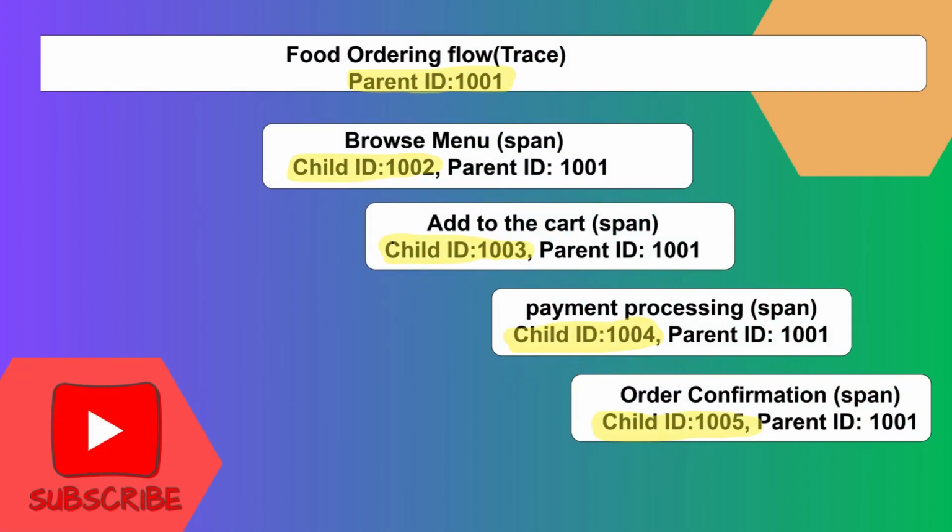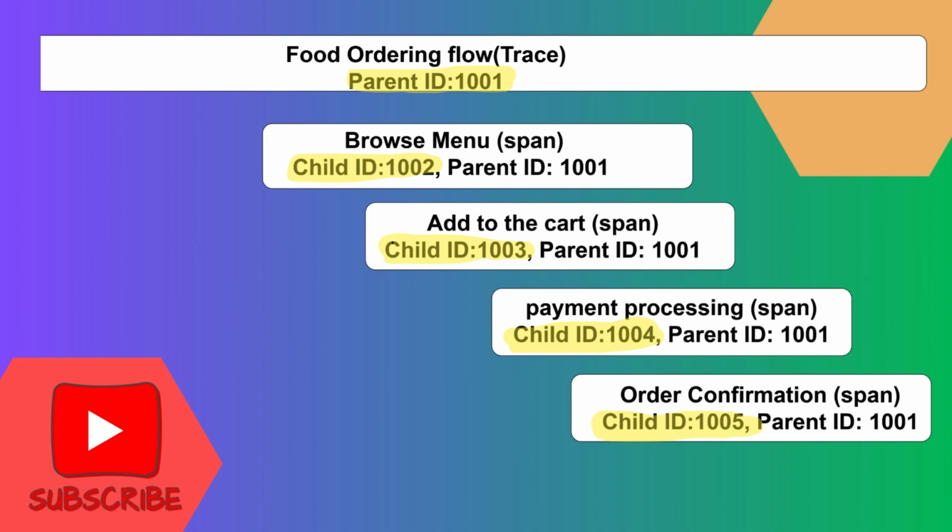The parent span, placing an order, has the ID 1001, and the child spans are browse menu, add to cart, payment processing, and order confirmation. Each child has its own unique ID. Say, for example, browse menu has 1002, add to cart has 1003, payment processing has 1004, and order confirmation has 1005. Each child span has a unique ID, and it is also mapped to the parent ID.